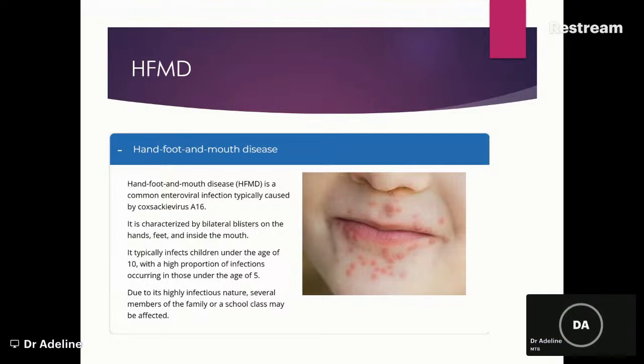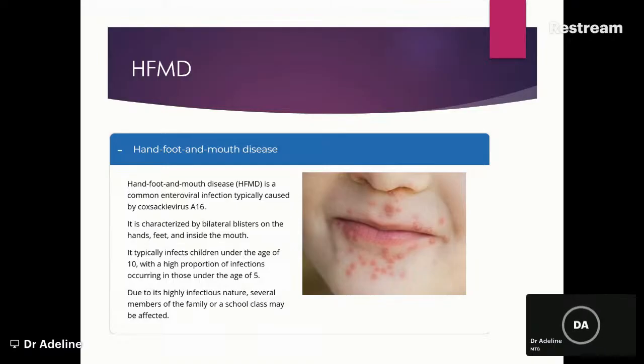So HFMD is hand, foot, and mouth disease, which is usually caused by an enteroviral infection, mainly Coxsackie virus A16. The given picture is an example of how the lesions would look in a kid with HFMD. So in this case, they have blisters all over their hands, feet, and even inside the mouth and around the mouth.